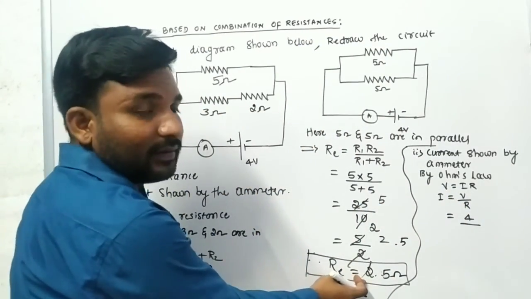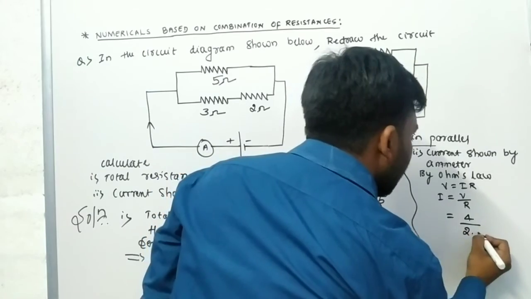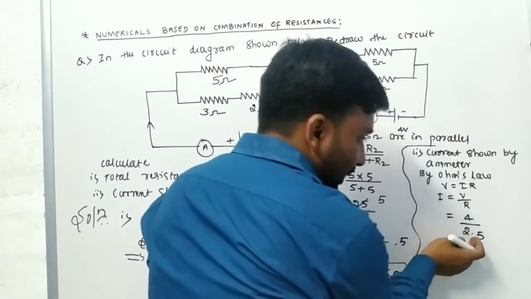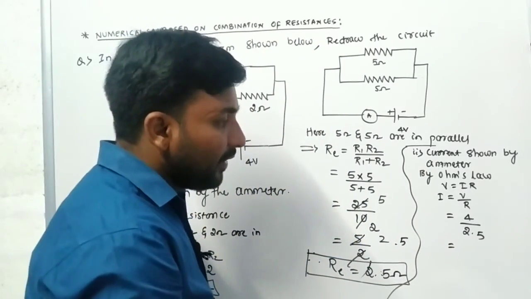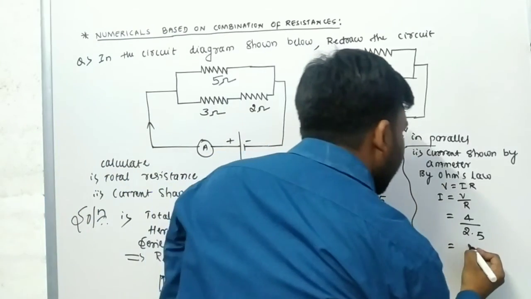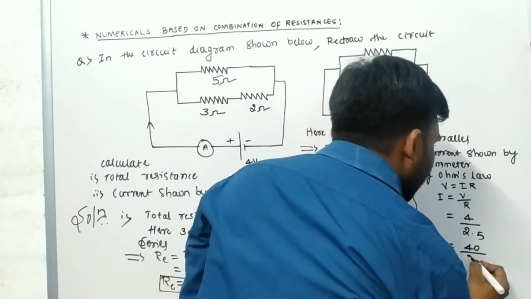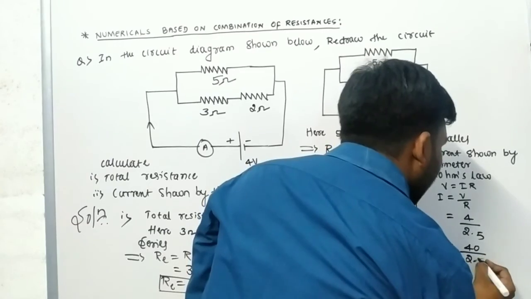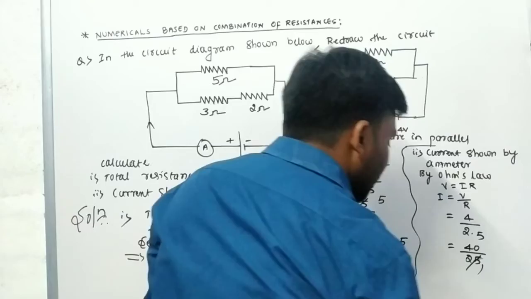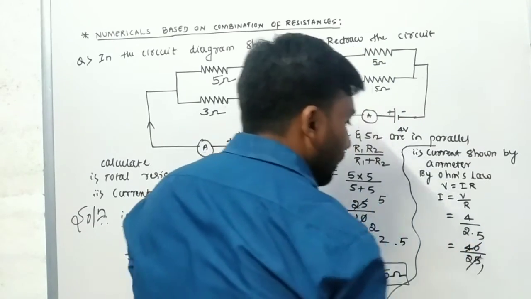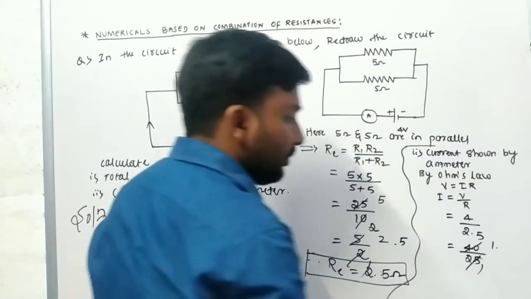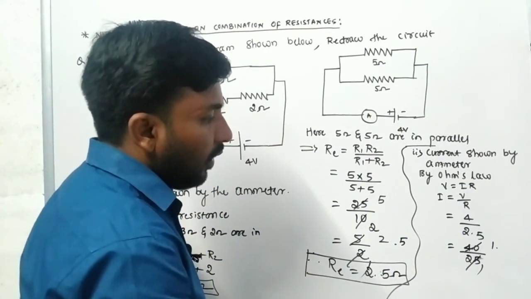What is the total resistance? Here is the total resistance, it is 2.5. This is equal to, in the denominator we have the decimal point. So in order to remove that decimal point, I will take 0 in the numerator. It is 40 divided by 25. Now 25 ones are 25, how much is left?